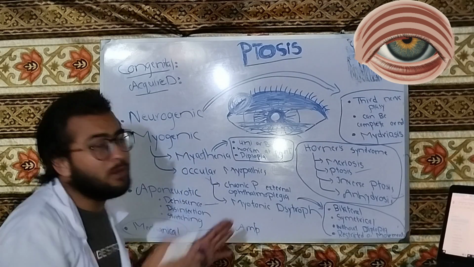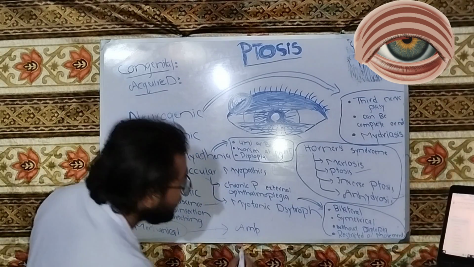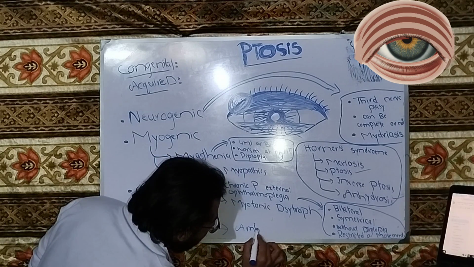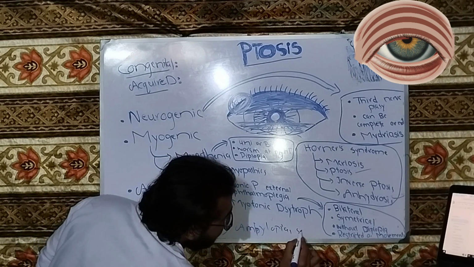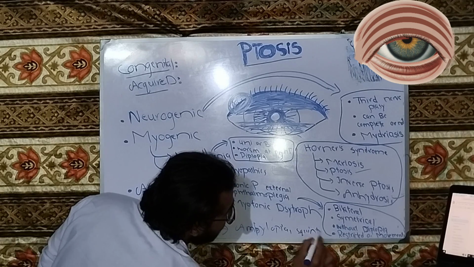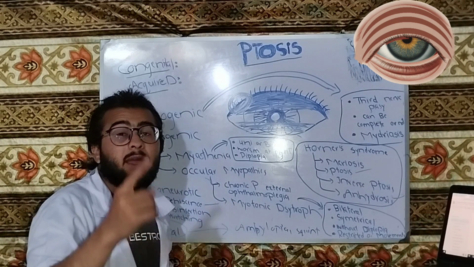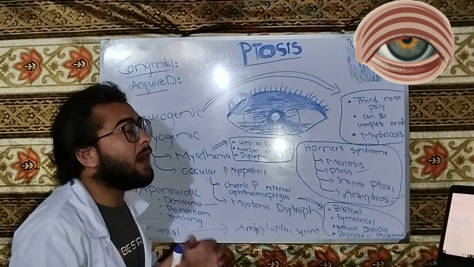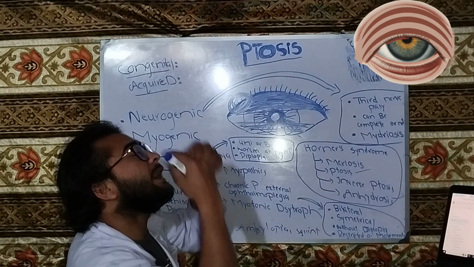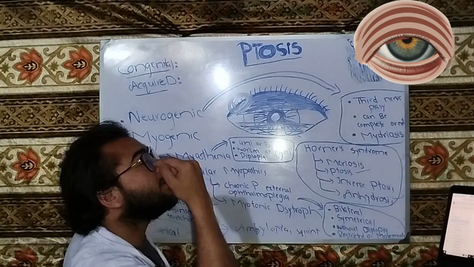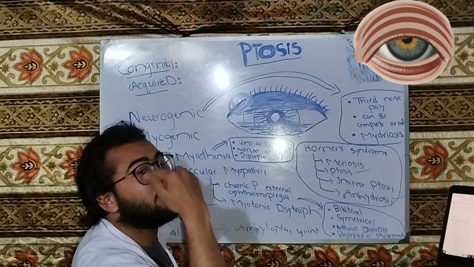These conditions will all be discussed in the upcoming lecture. It can cause amblyopia, it can cause squint. And these children will also tilt their head like this to see through the lower normal position of the palpebral fissure.